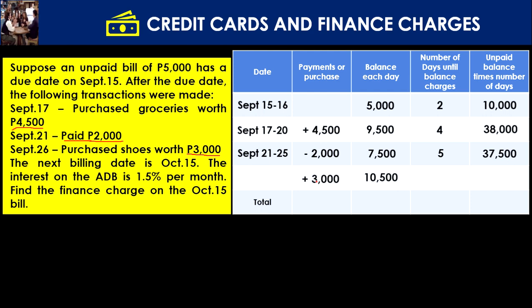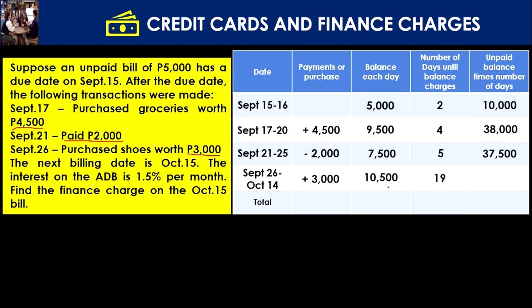It starts with September 26 up until the day before the next billing date, October 14. In September we have 30 days, so September 26, 27, 28, 29, 30 is 5 days, plus 14 days in October. So 14 plus 5 is 19.